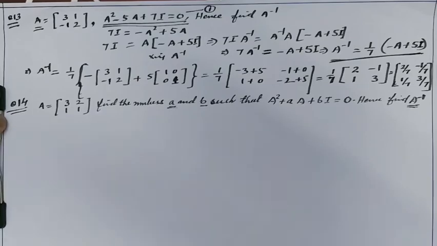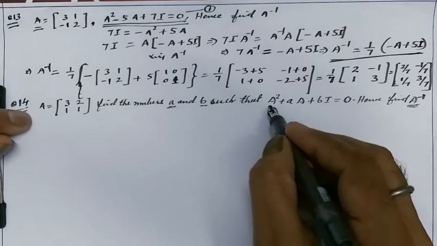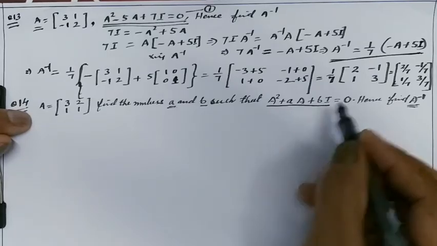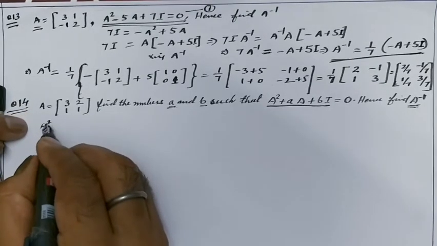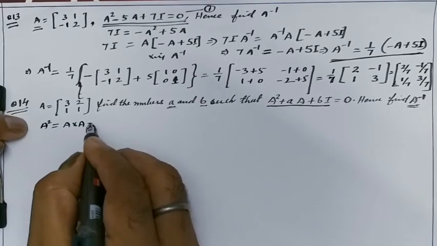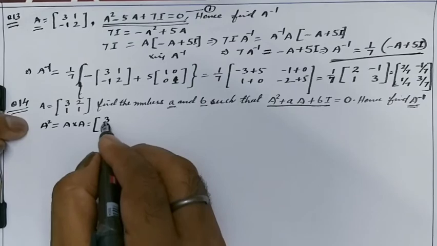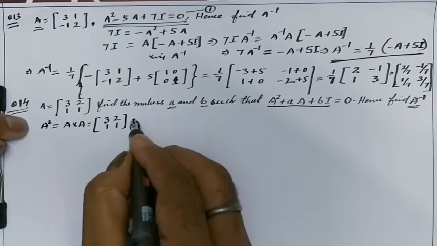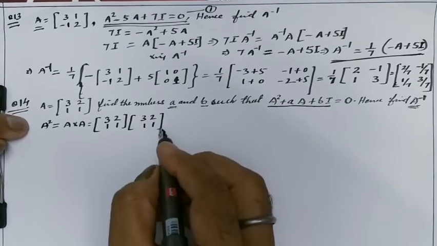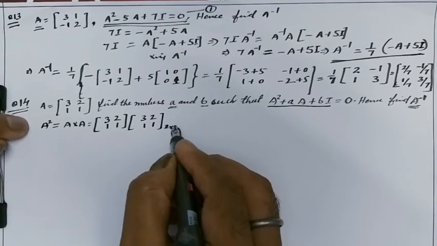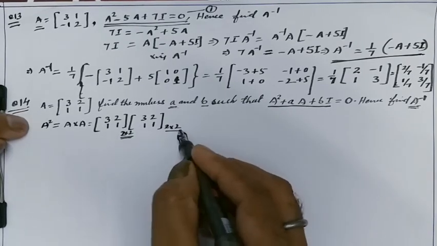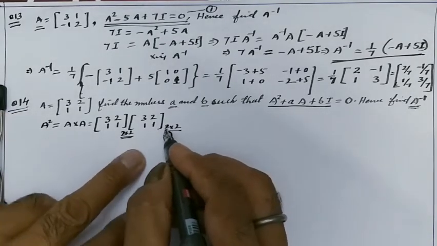So for this, we will put the value of A square, A and I into this. A square means matrix A times matrix A. So (3, 2; 1, 1) into (3, 2; 1, 1), multiplication of matrices, 2 by 2 with 2 by 2, so the order of the resultant matrix will also be 2 by 2.